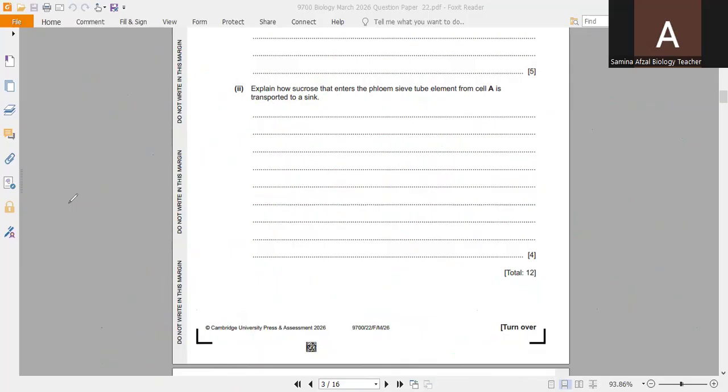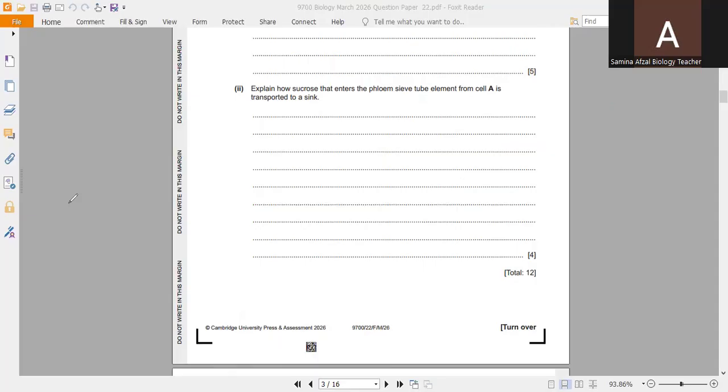First of all, the entry of sucrose into the phloem sieve tube elements lowers its solute water potential, then water enters the sieve tube elements from the adjacent xylem or surrounding cells down a water potential gradient by osmosis.